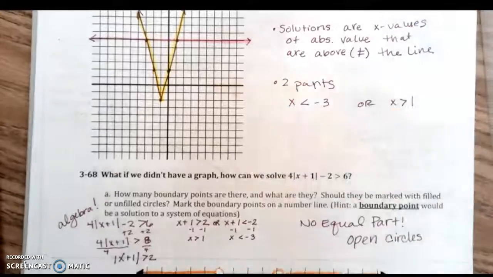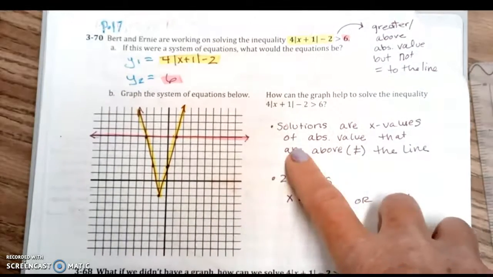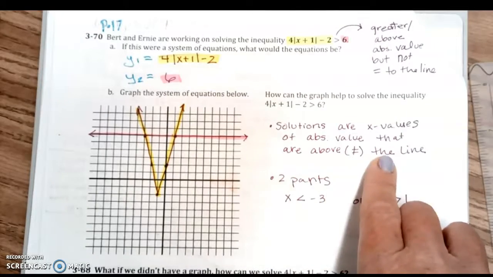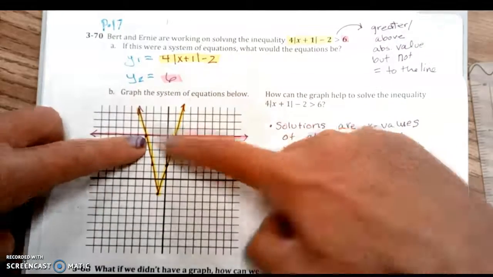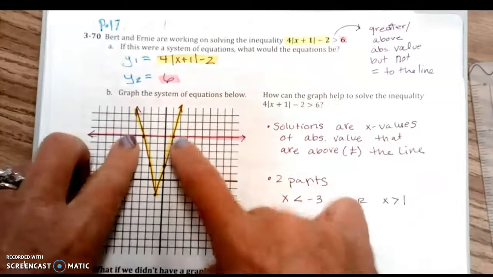So on today's graph, we want the solutions of the absolute value that are above the line. Here's our line, and now we want greater than.